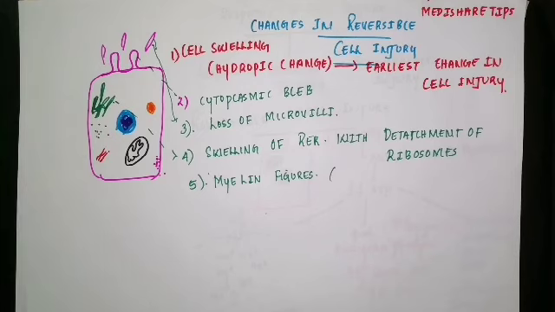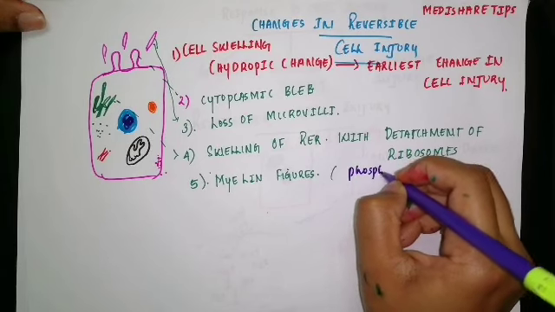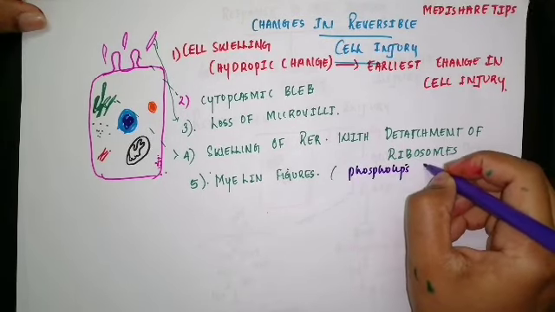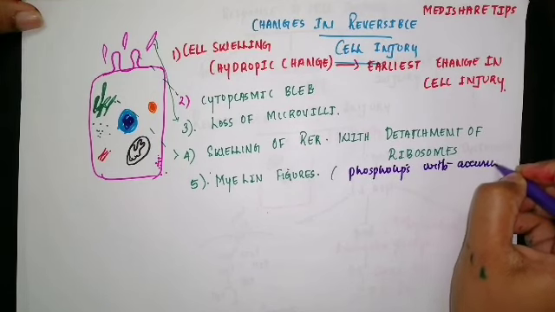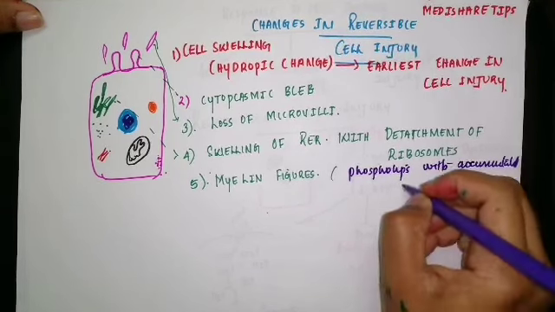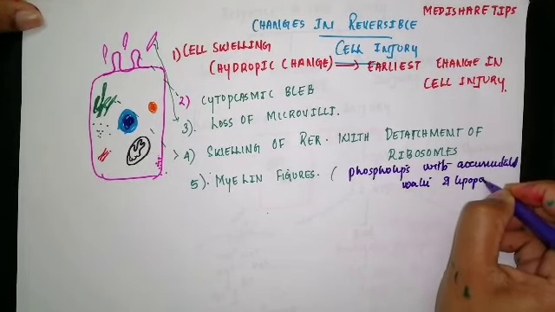So myelin figures are phospholipids with accumulated water and lipoproteins.